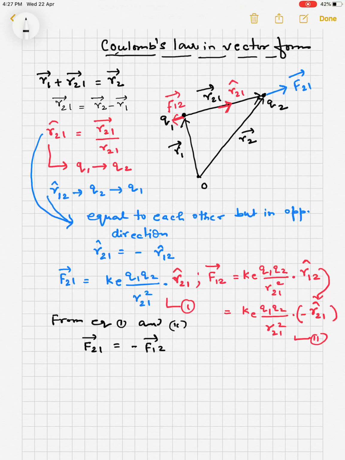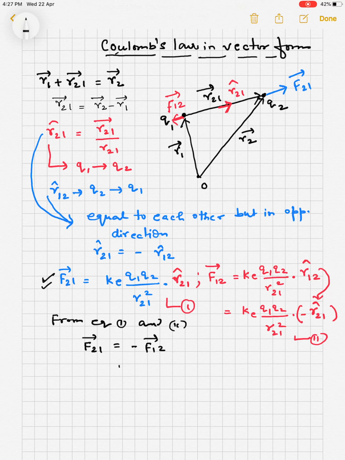So these two forces are equal and opposite in direction. F21 is equal to minus F12. So this is the vector form of Coulomb's law. How a charge can exert a force on another charge in terms of vector.